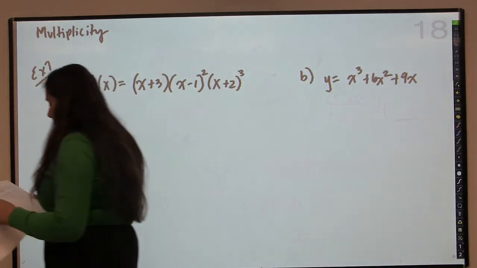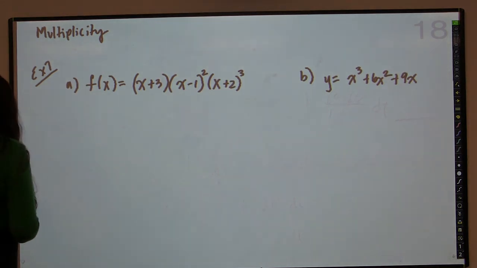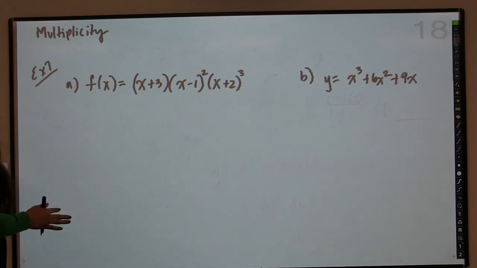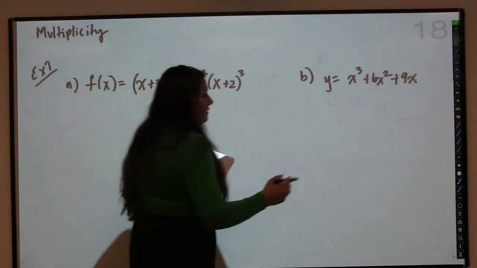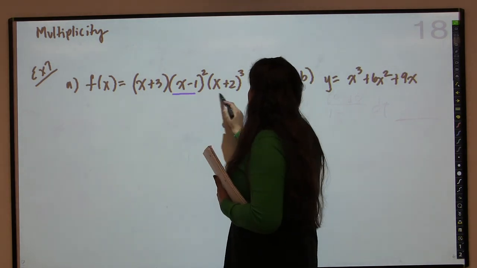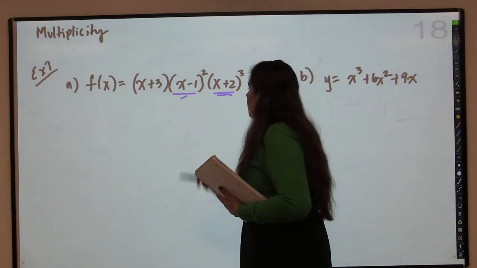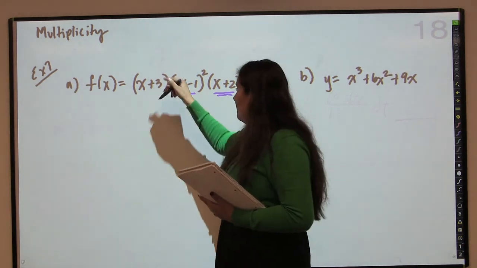Okay, so for multiplicity, the example here says, for each function, find any multiple zeros and state the multiplicity. So the multiple zeros are going to be this guy, and this guy. Okay? This is a 0 or a factor, but it doesn't have any multiplicity. It's like to the 1 power.